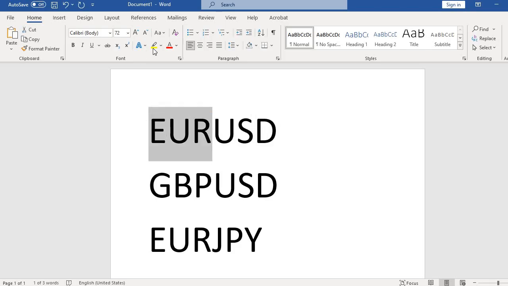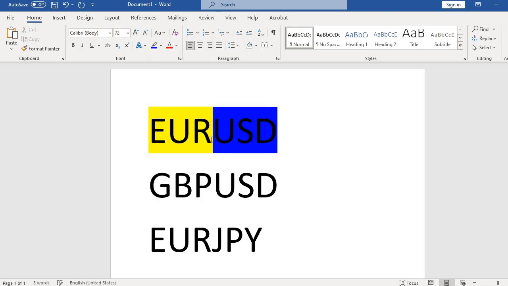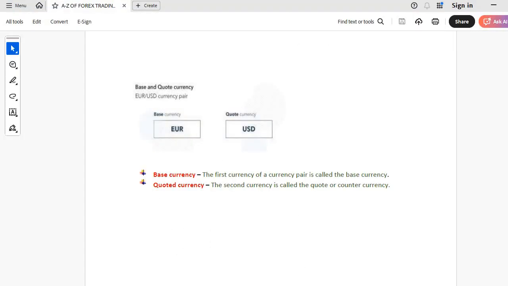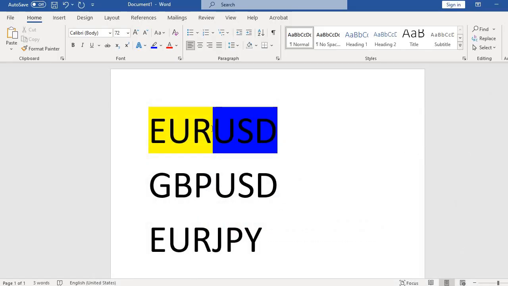So we have Euro and USD. Let's color Euro as yellow. Let's color USD as another color, let's say blue. So Euro is the base currency. USD is the quote currency or the counter currency. Euro is the base currency.